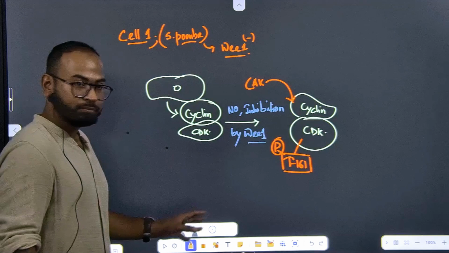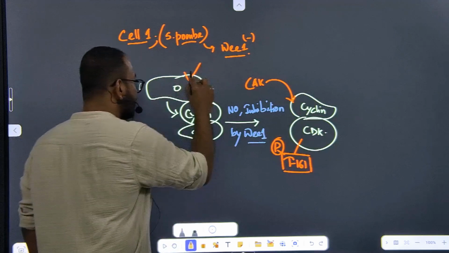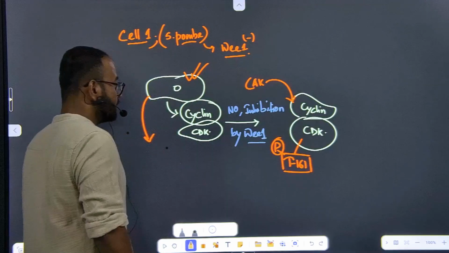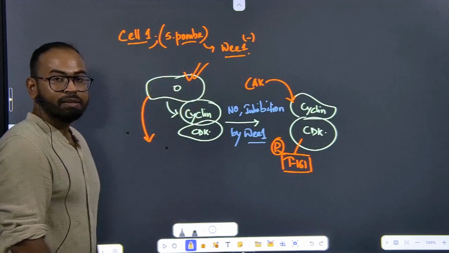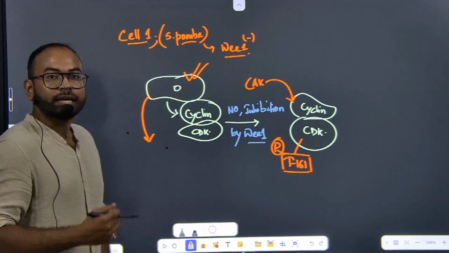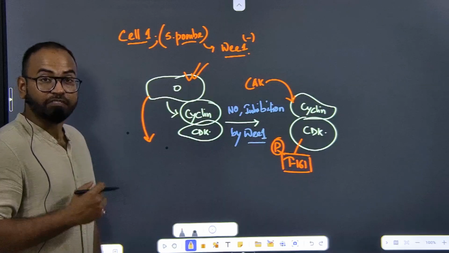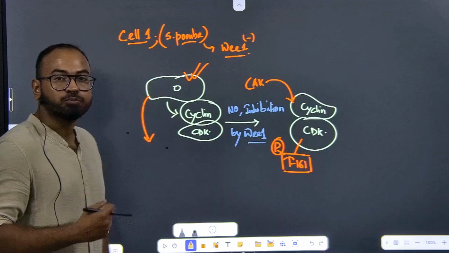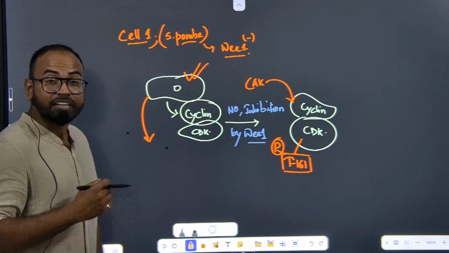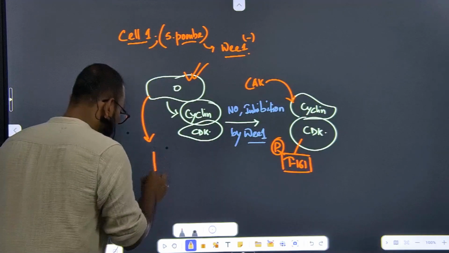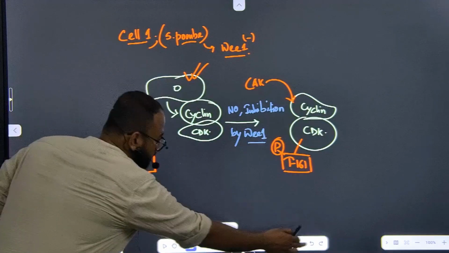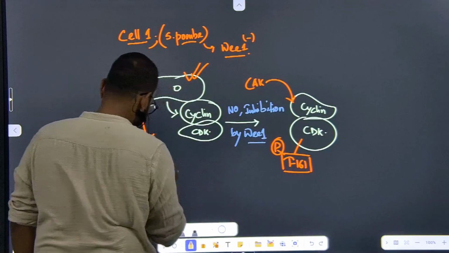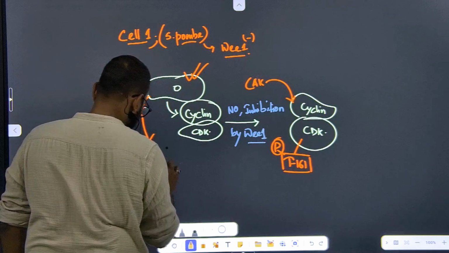As a result, this particular cell, before attaining its proper size for division, will undergo division, forming two small cells.